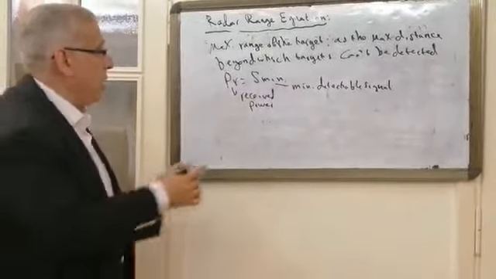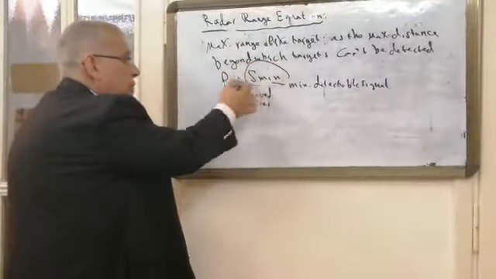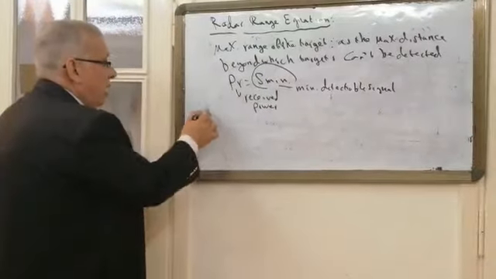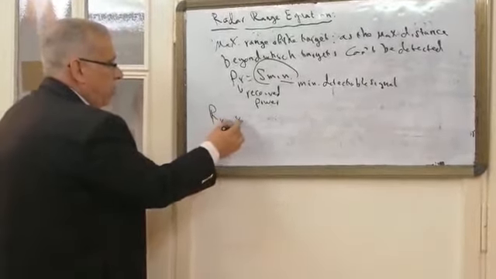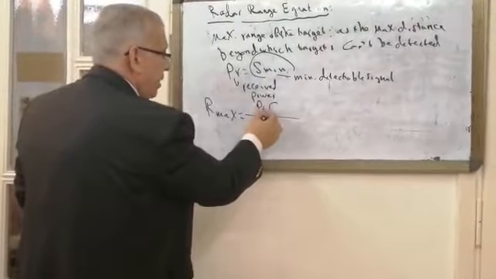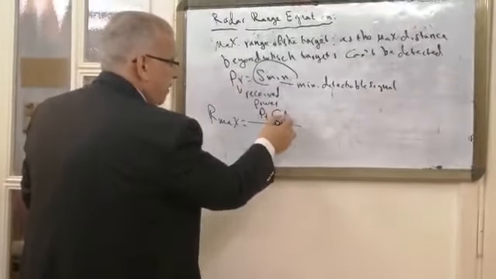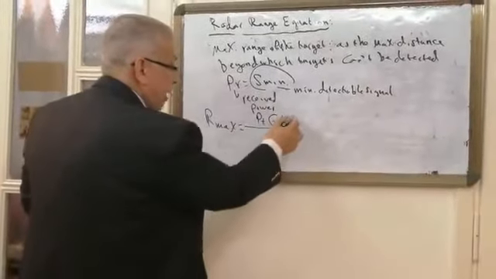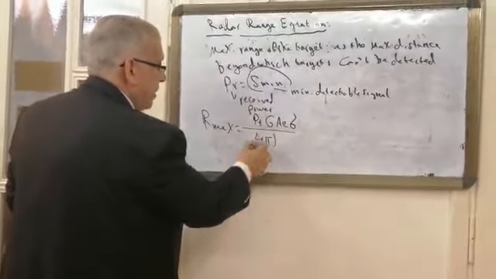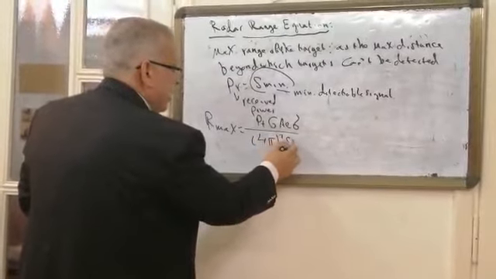Now by plugging S minimum instead of PR in the previous equation, we can rewrite it. R maximum equals the transmitted power, the peak power, multiplied by the antenna gain, multiplied by the effective area of the antenna, multiplied by the radar cross section of the target, divided by 4 pi squared S minimum.